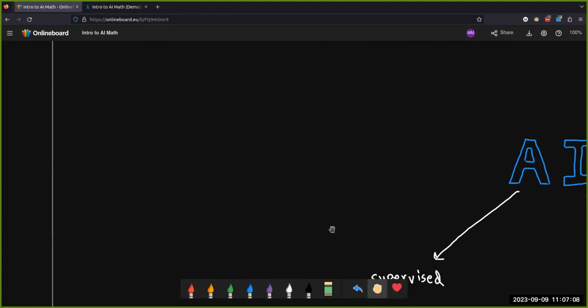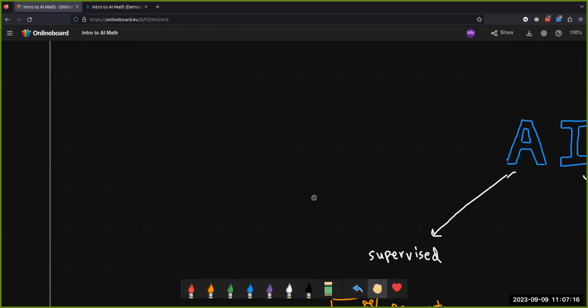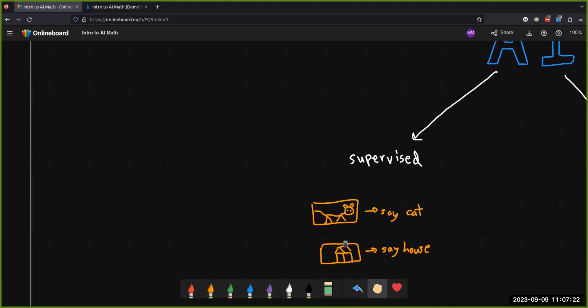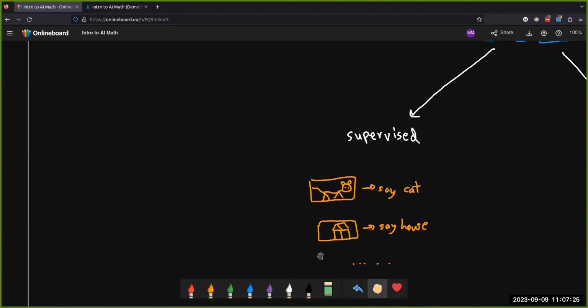So for example, let's say anyone was teaching a baby, what is this animal at the zoo? What is that animal? They would let the baby see a picture of, let's say, a cat, and then they would be like, hey, say a cat, or a house, say house, or whatever. Just showing the baby, here's an example of the thing, and here's what that thing is called.